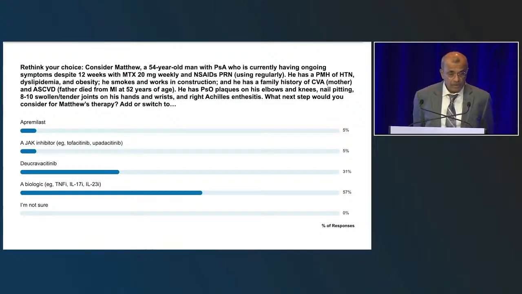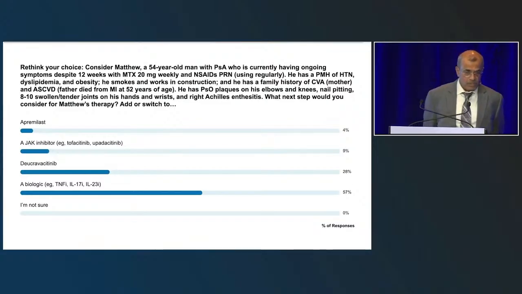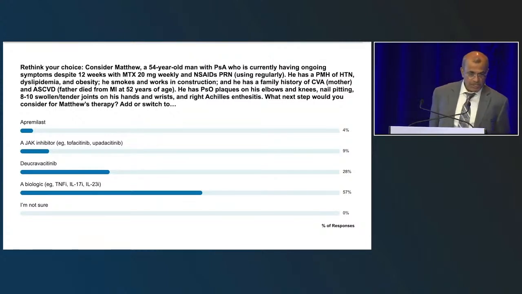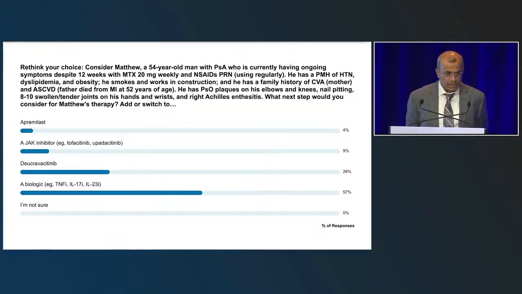Very good. So, 57% of the people would start a biologic, 28% would start Deucra, 9% would start a JAK inhibitor, 4% apremilast.